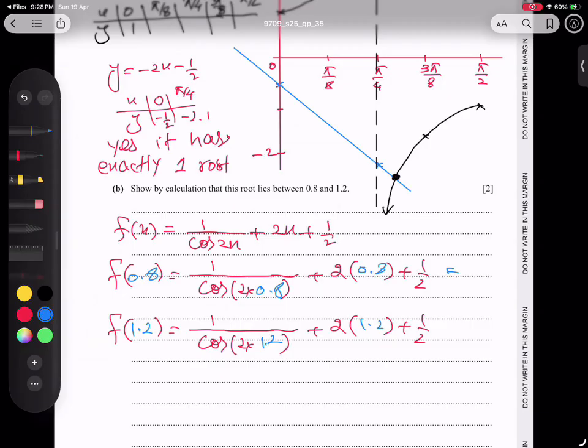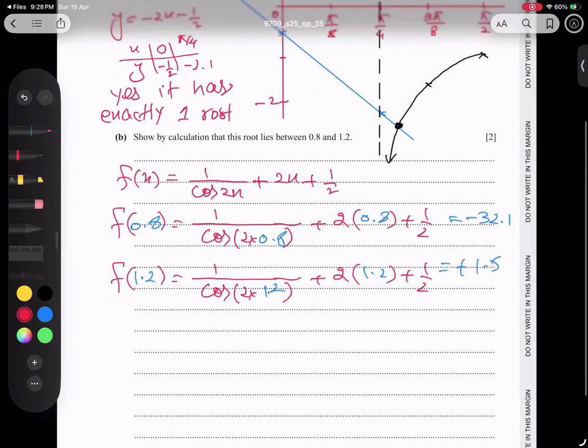So I'm getting here, students, secant, or a better idea is I'm going to plug in 1 over cos 2 times 2.8 plus 2 times 2.8 plus 1 over 2. I'm getting negative 32.1. And if I replace with 1.2, then what I get, I'm getting positive 1.5.